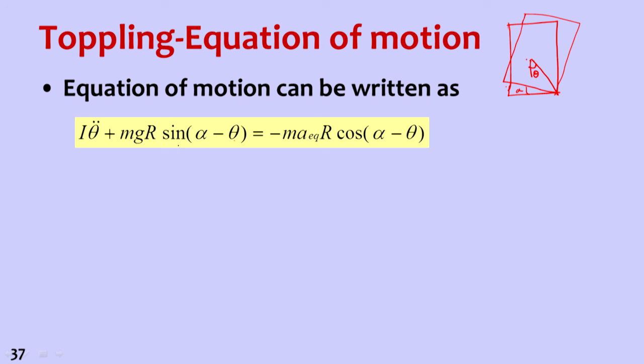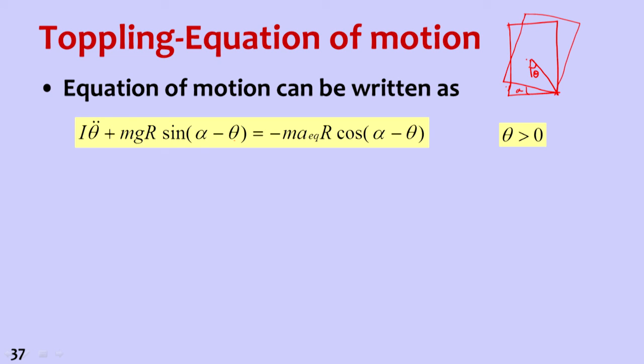This is equal to the restoring term, m times earthquake acceleration multiplied by r cos of alpha minus theta. You can consider alpha as a degree of freedom. When alpha is increasing, if it is equal to theta, then the toppling condition takes place.